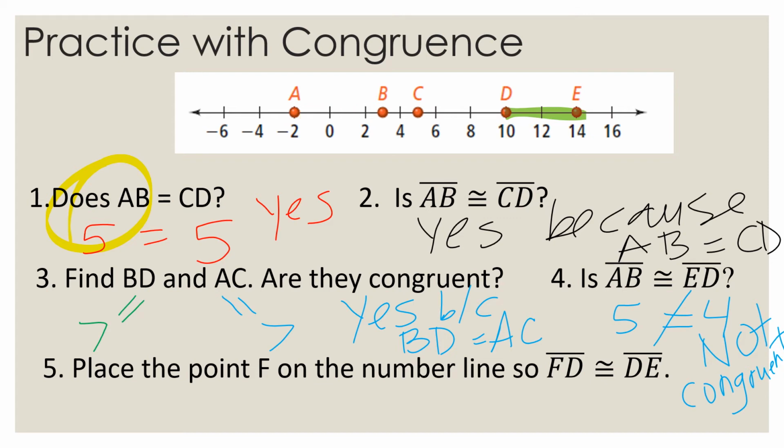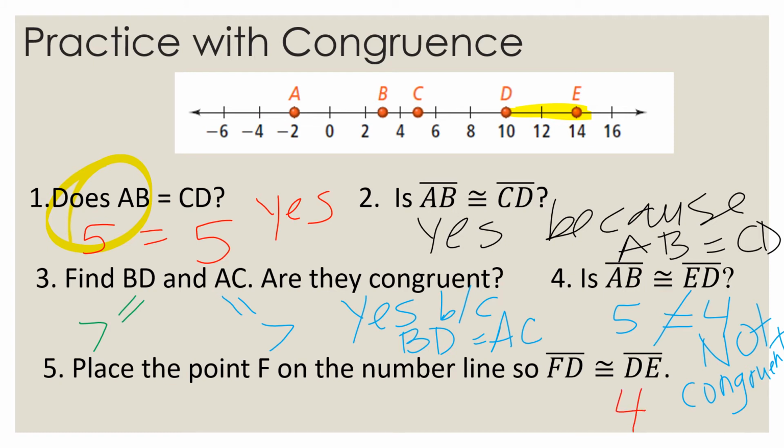Okay, so the last one, this is a little different than what we did earlier. If we want line segment FD to be congruent to DE, we first need to find out how much is DE. We know from the above question that line segment ED or line segment DE is 4. The measure is 4.